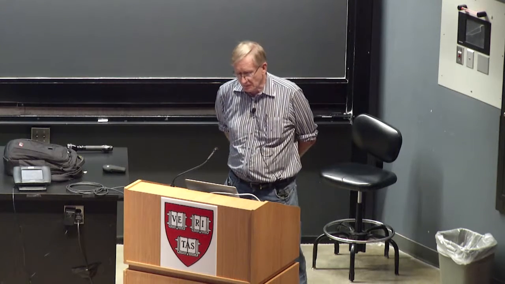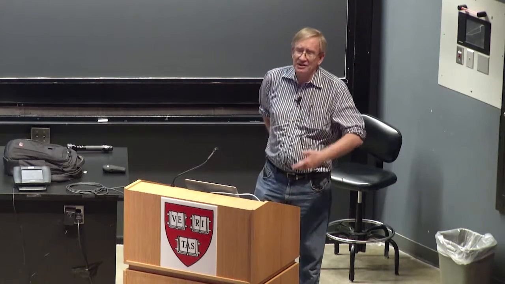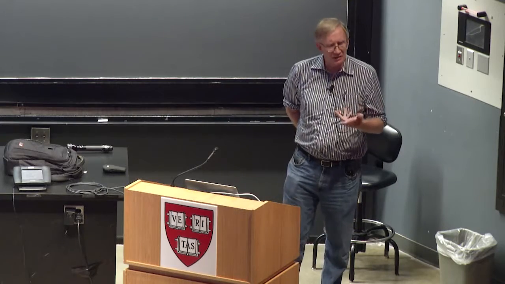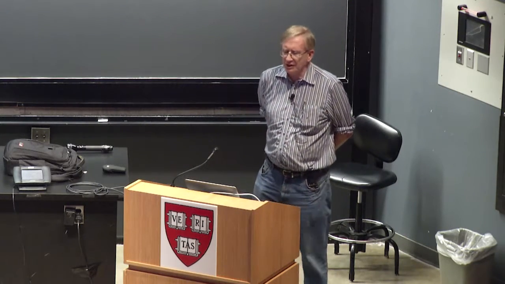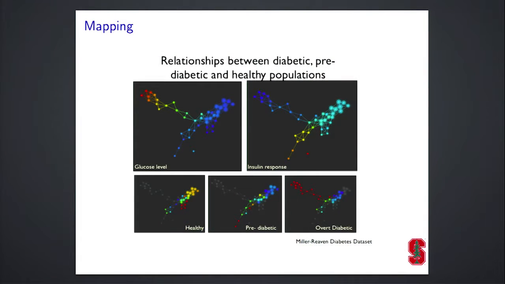So now what I want to show you is a series of examples to illustrate how this kind of modeling can work. So first of all, here was our sanity check for the method. Let me ask you to pretend that you're colorblind for a moment and just look at the upper left-hand network there, but ignore the color for the moment. What you see there is a network that's got one of those Y-junction structures to it.